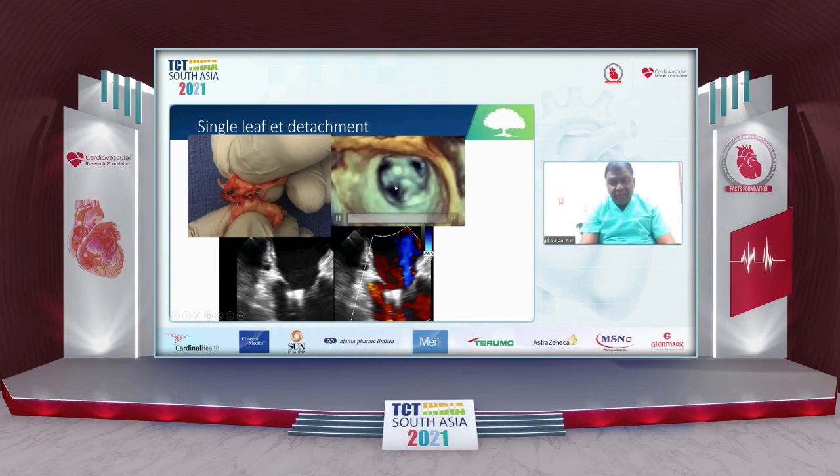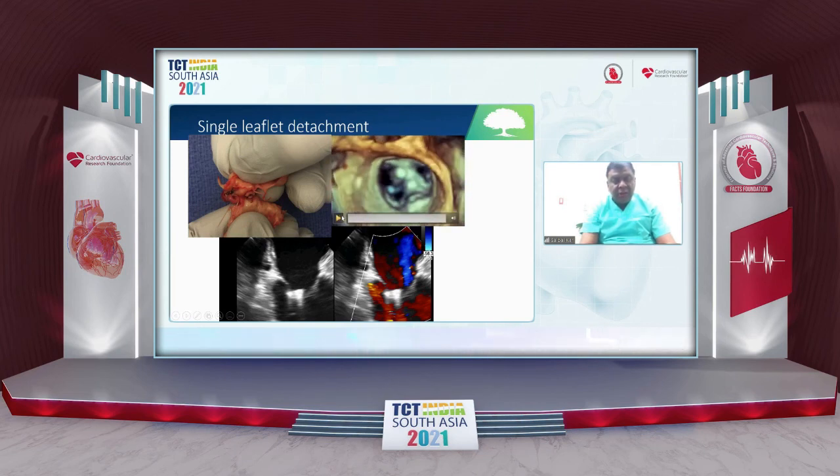One clip is attached and the 2nd clip has come out. And in this patient, the only treatment option is sometimes, if the orifice allows you, you can do another clip procedure, or you have to do surgery. And over here, you can clearly see that one leaflet is attached and the other one has come off. This is about 2% of cases, SLDA.